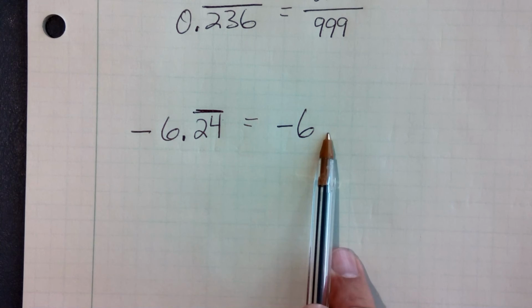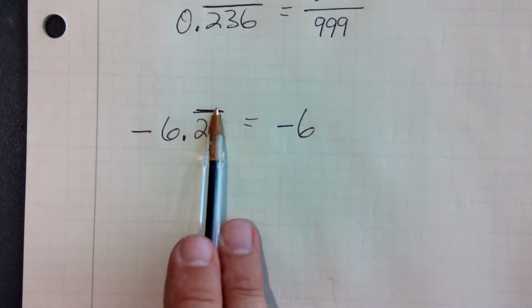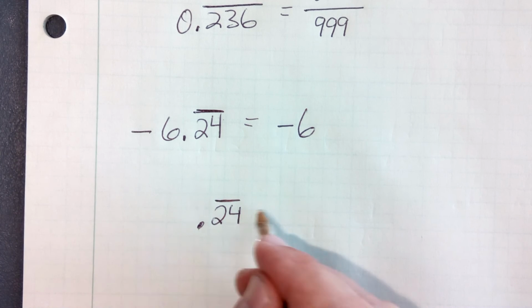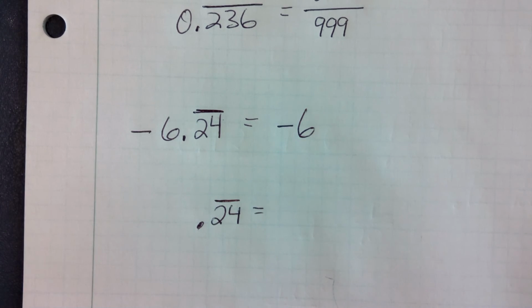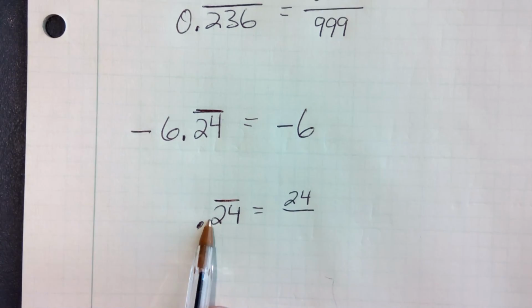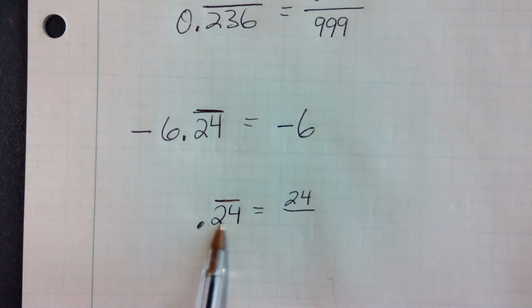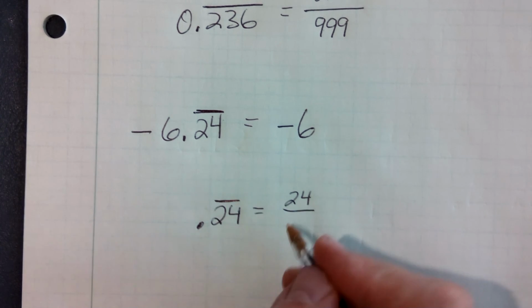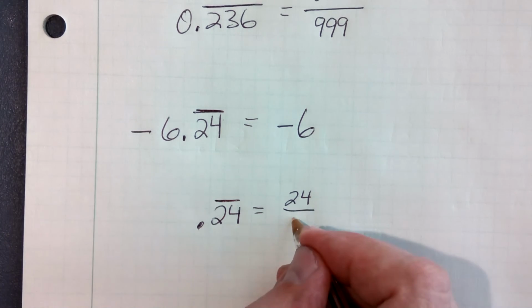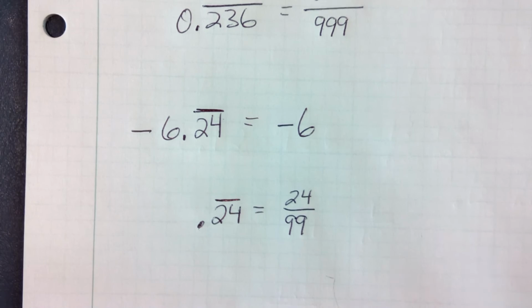So I'm going to take this decimal, 0.24 that's repeating, and convert that to a fraction. Since it starts to repeat right after the decimal, I'm going to take the 24, and since there are 2 places to the right of the decimal, I'm going to put it over not 100 because we're repeating, but 99, one less than 100.